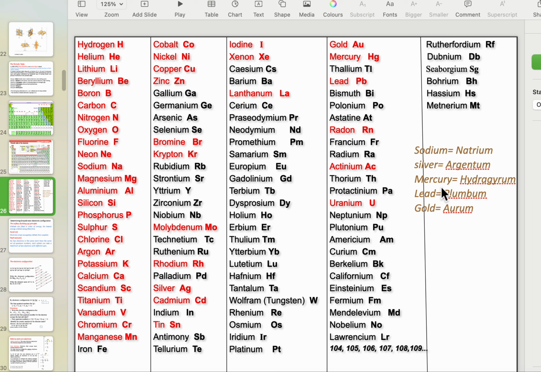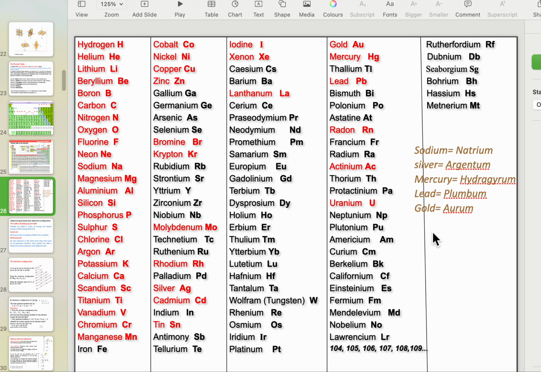The Latin name of mercury, Hg, is hydrargyrum, so they chose Hg from the Latin name. For lead, we could expect Le, but it's given Pb, which came from plumbum, the Latin name of lead.